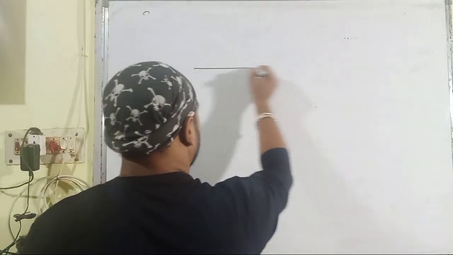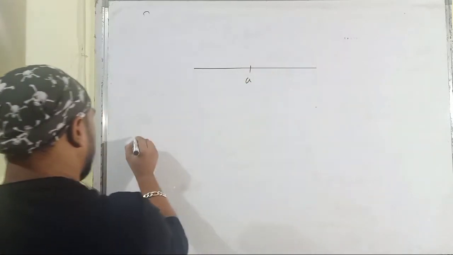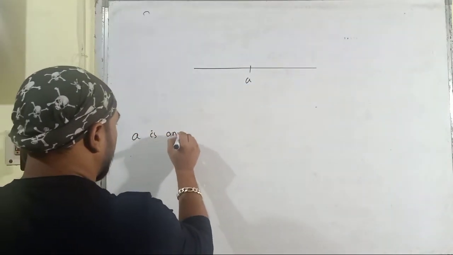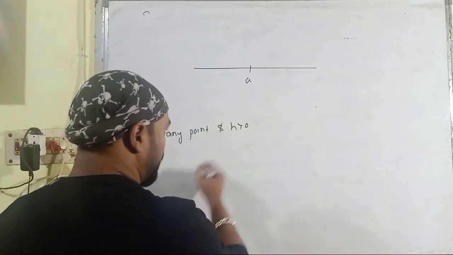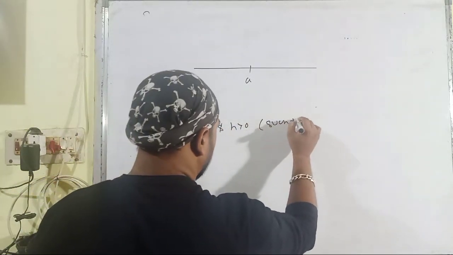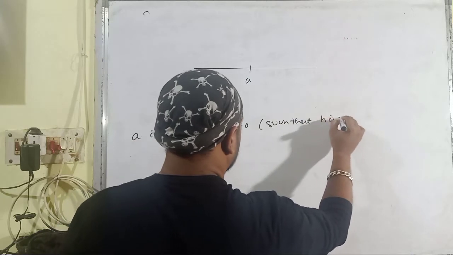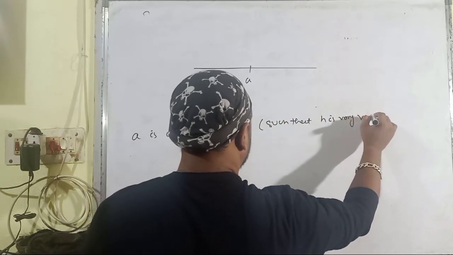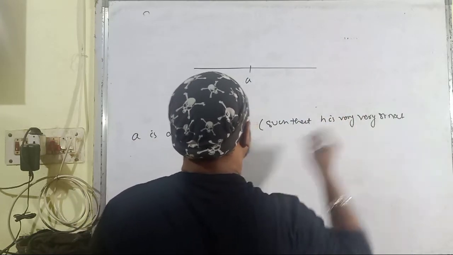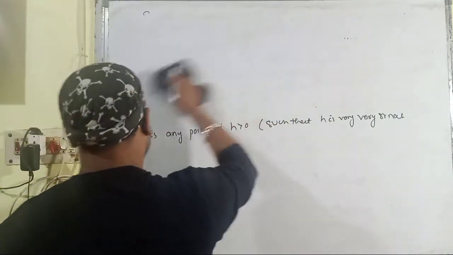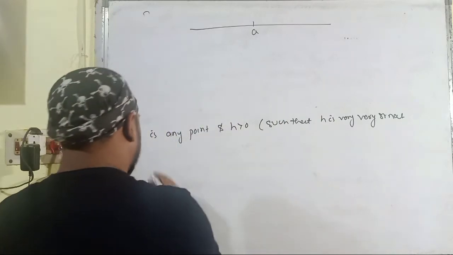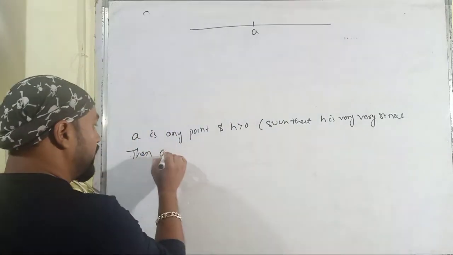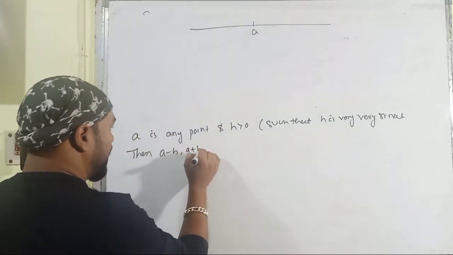Suppose a is any point here, and h is greater than 0, such that h is very small. Suppose this is the point a, then a minus h and a plus h.